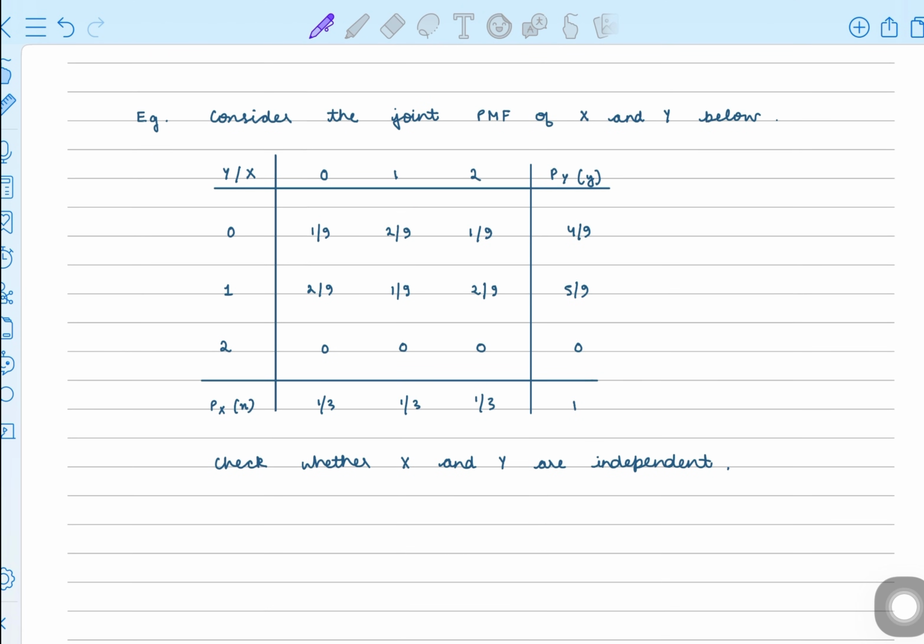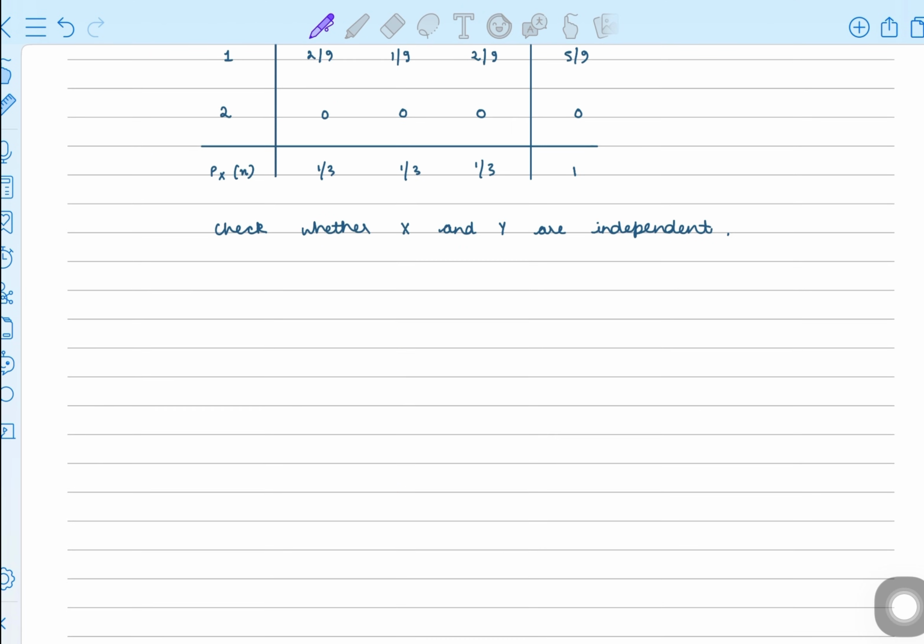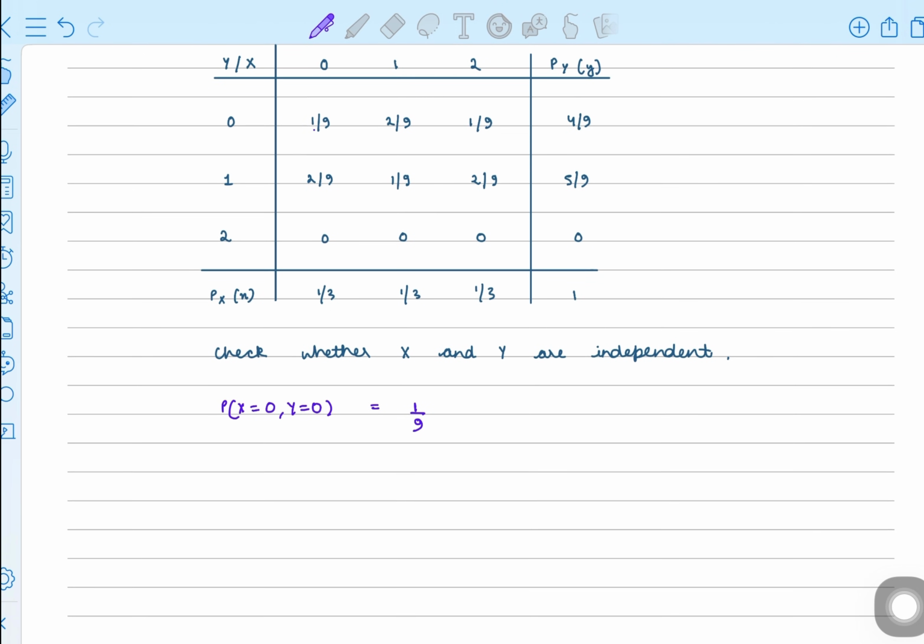Here, since we're asked to check if x and y are independent, we test them at any two random points. I'm beginning with x is equal to 0 and y is equal to 0. The probability for x is equal to 0 and y is equal to 0 is given by 1 upon 9.